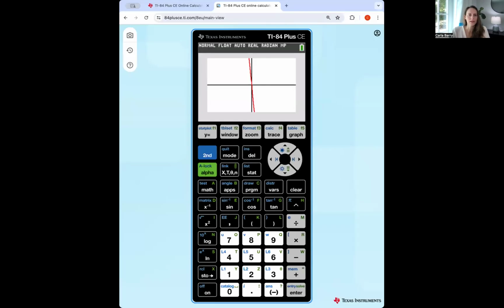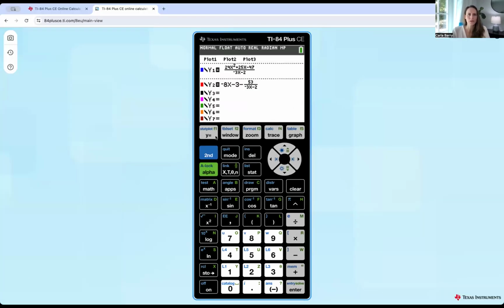So if I go to y equals, and I put in x to the 4th power minus 8x squared plus 16 for y1, and for y2, I'm going to put in the first Roman numeral: x plus 2 squared times x minus 2 squared, and I'm going to press graph.